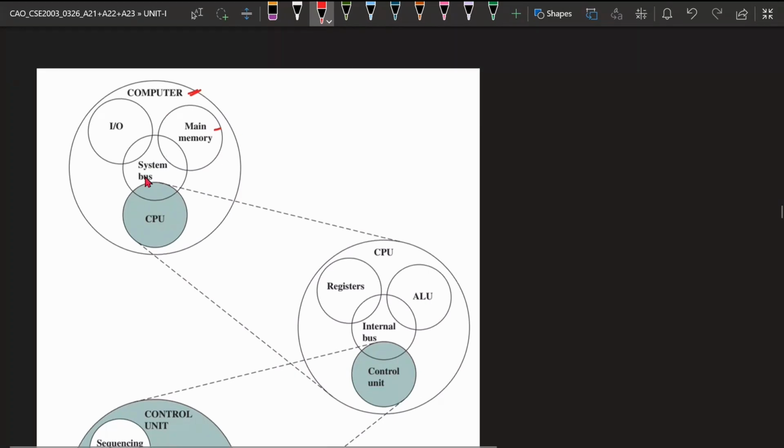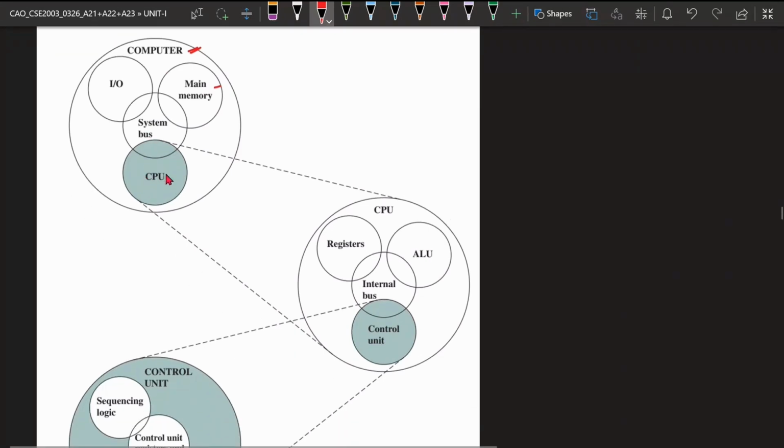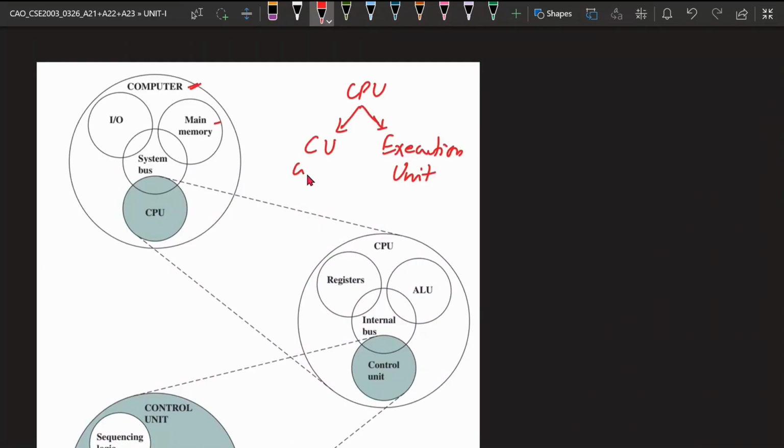Now further, if we go deep into the CPU, there is a control unit and another one, the execution unit. The control unit controls which instruction is to be fetched next, where it is stored and should be fetched from, and once it is fetched, what particular operation it should perform. So the control unit does fetching and decoding.